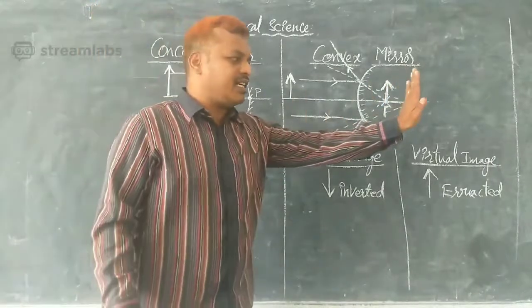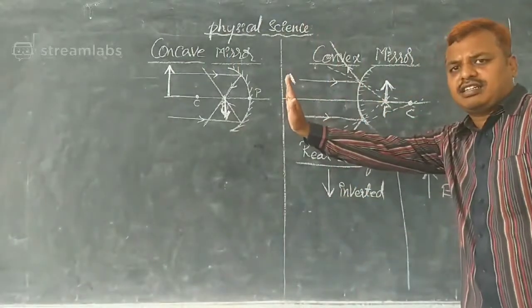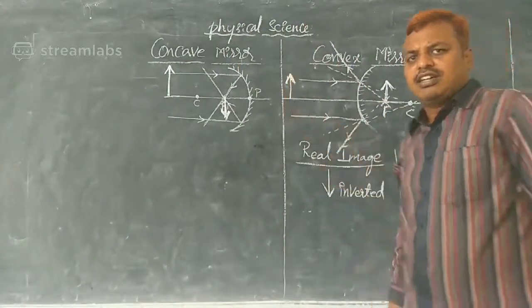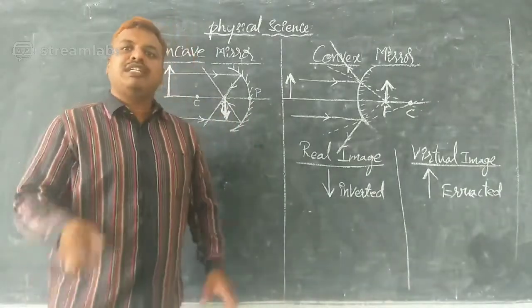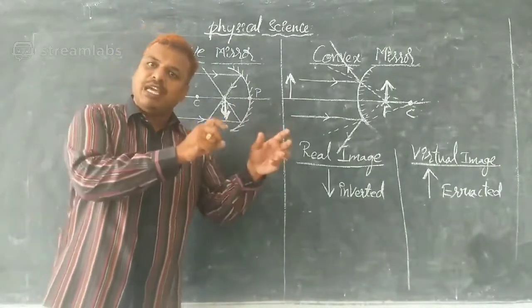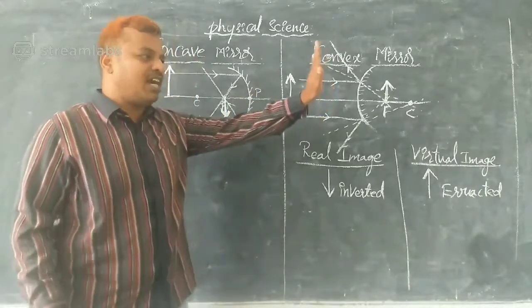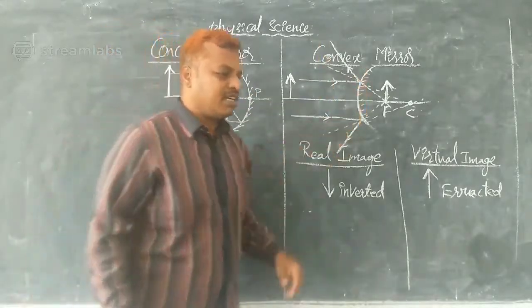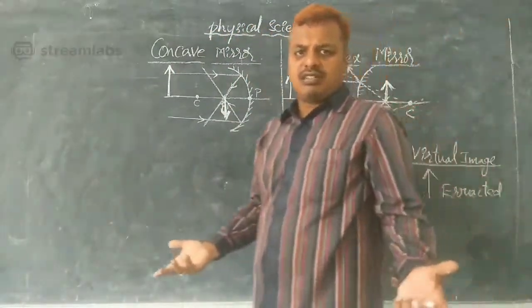When you stand like this, the image will also stand like this with the right hand, isn't it? So here, inside the plane mirror, you will see the object and image, both are similar but opposite in direction. So I am standing like this in front of the mirror, and inside the mirror, the image will be standing like this. That's all.